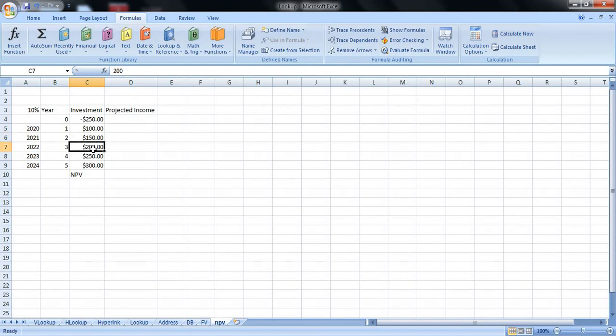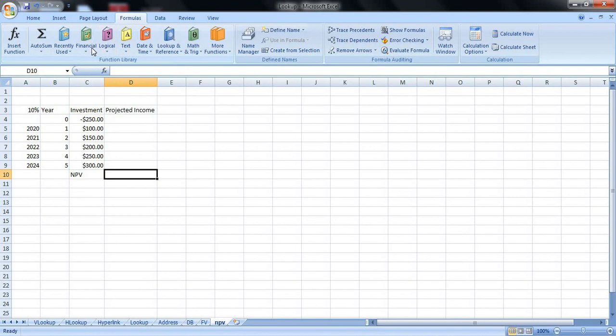At the end of the third term I will earn $50 more, and hence my projected inflow will be $200. $50 after the end of the fourth year and $50 at the end of the fifth year. So total after the fifth year the projected inflow will be $300. Let us calculate now the net present value of this particular investment with these projected inflows. After 5 years, what is my total income with this investment?